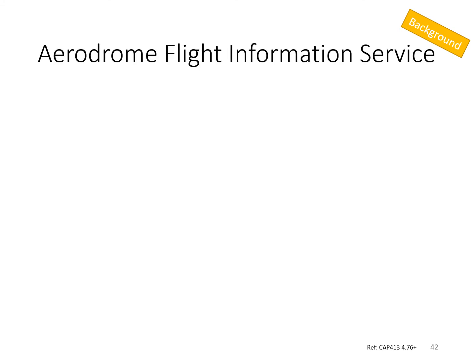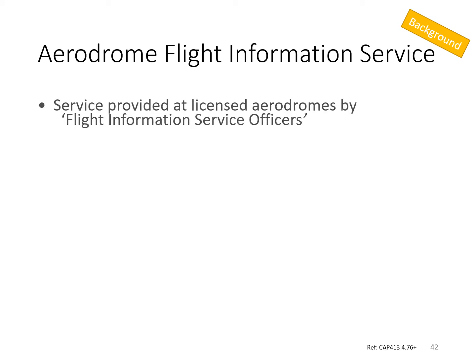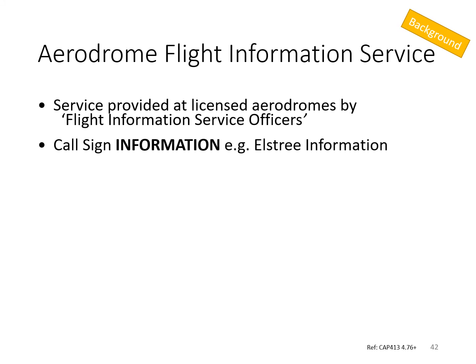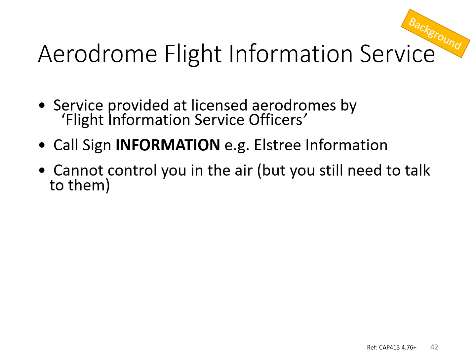In contrast, an Aerodrome Flight Information Service, or AFIS, is a service provided at licensed aerodromes by Flight Information Service Officers, or FISOs. The call sign of the aerodrome is then something "information", for example, Elstree Information. They can't control you in the air, but you still need to talk to them.